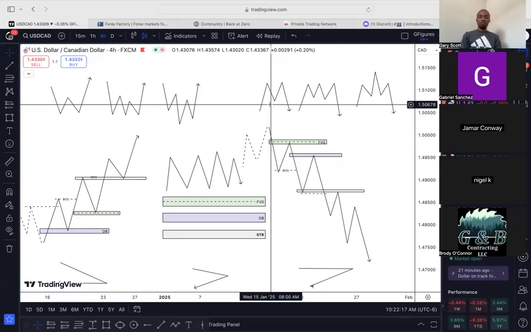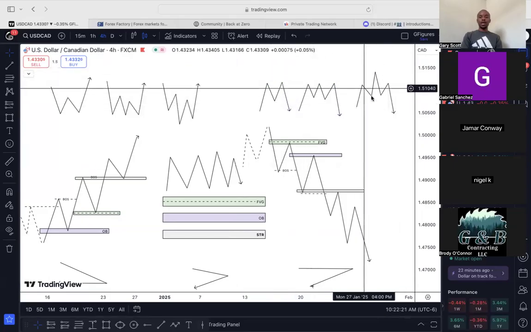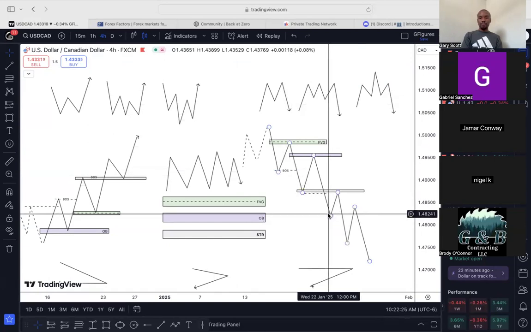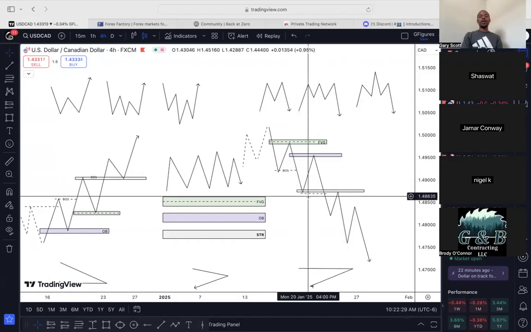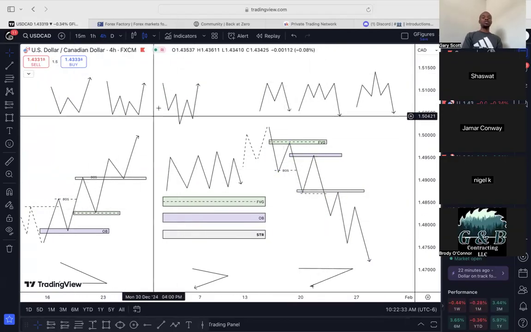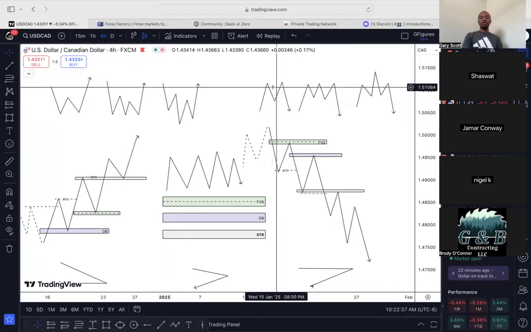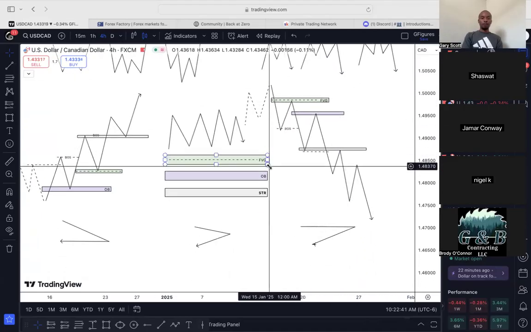So you've got a double top, triple top, and a head and shoulders. These patterns start a downtrend, and they're also continuations within the trend, same as these. Double bottom, triple bottom, inverted head and shoulders. Double top, triple top, head and shoulders.